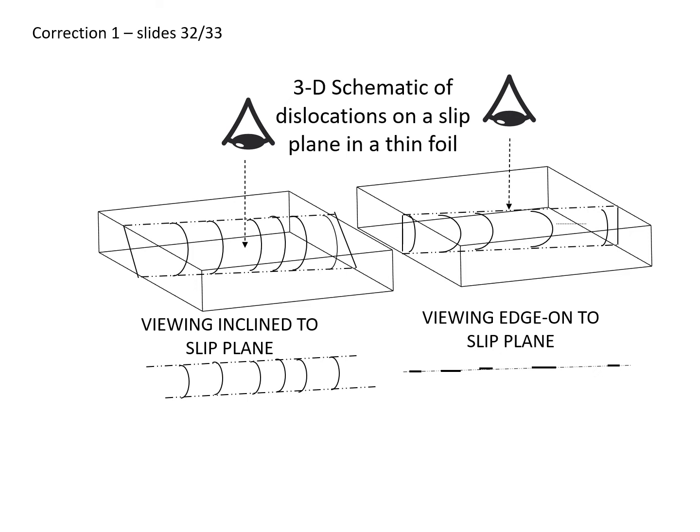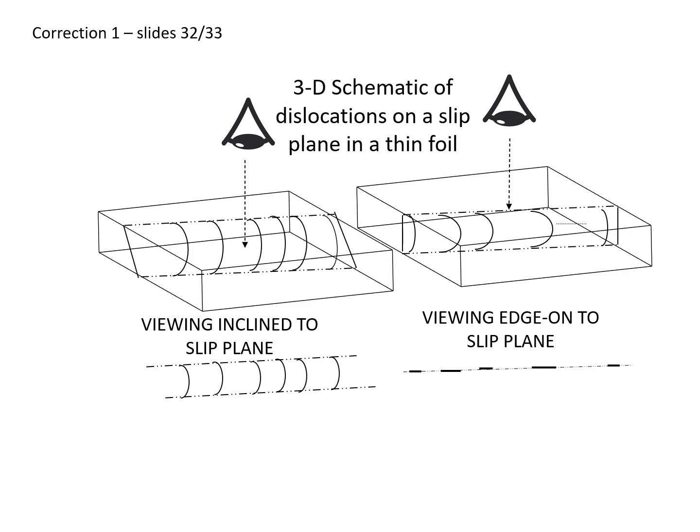And when you look at it in a TEM from above, you see the segments of dislocations. But if you look at it edge on from the side, you see that these segments, which are viewed here as a finite length, these curved segments, they just appear as lines.